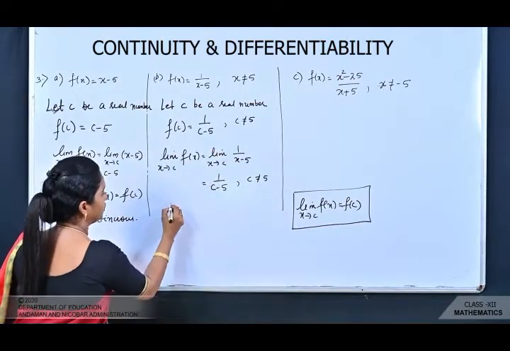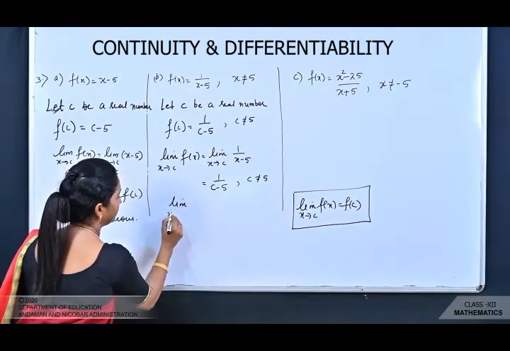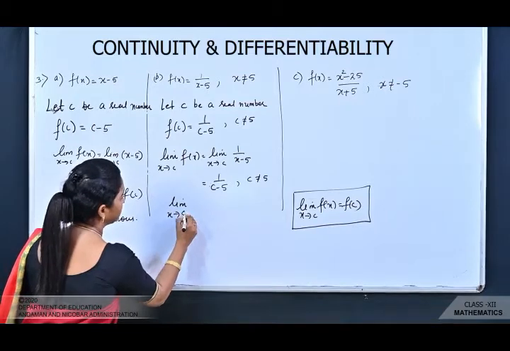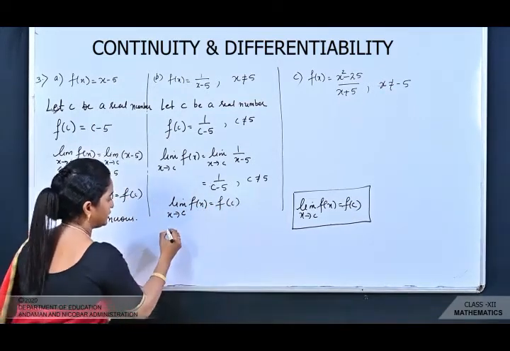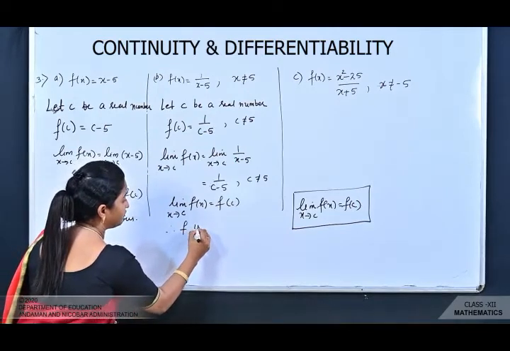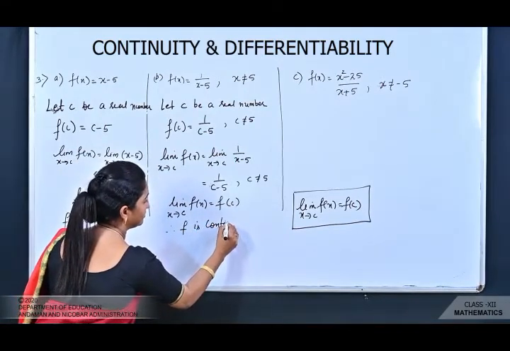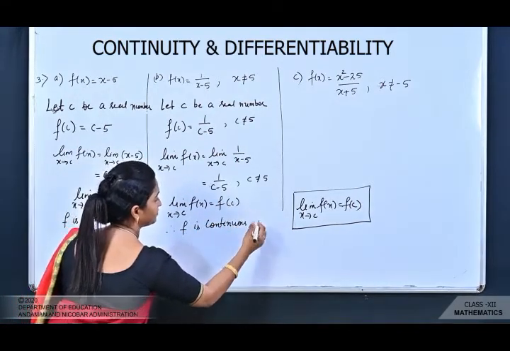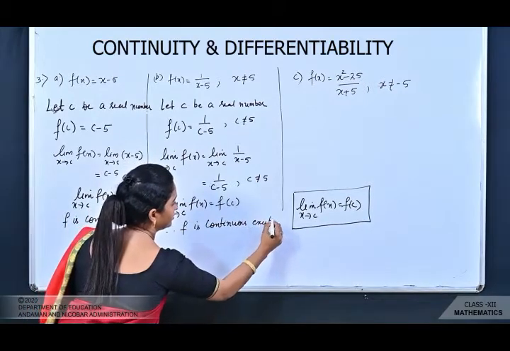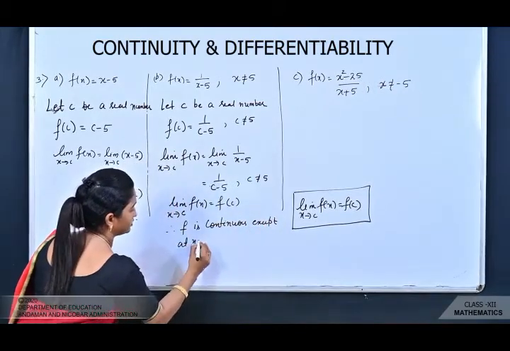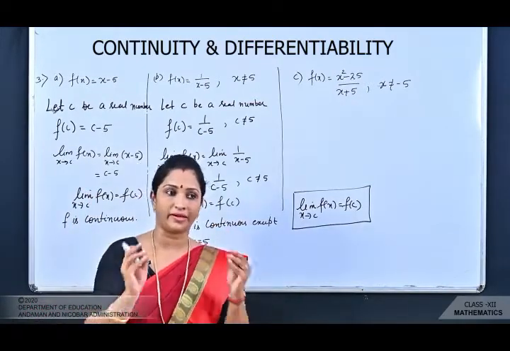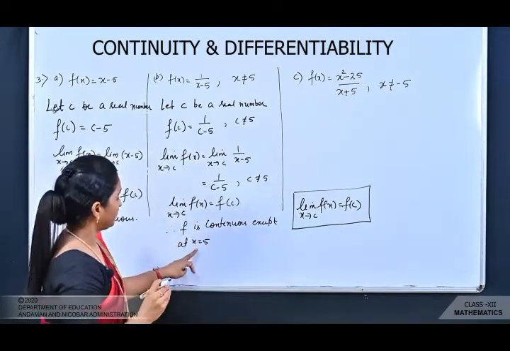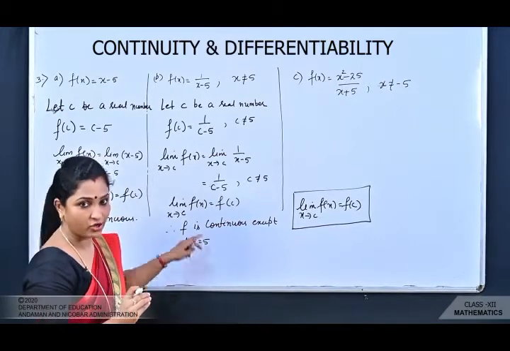So finally you got it, limit x tends to c, f of x is equal to f of c. Therefore f is continuous except at x is equal to 5. सभी all real numbers में continuous है, but except at x is equal to 5. I hope this concept is clear.